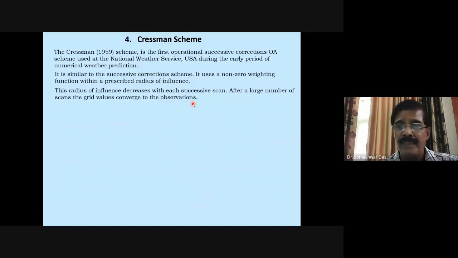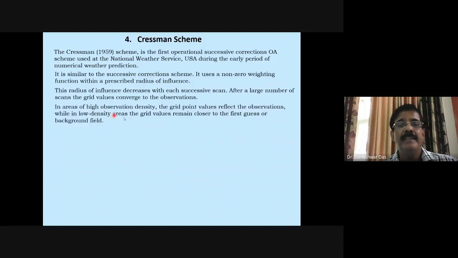But after you have made the first iteration at all the grid points, then in the next iteration, you can reduce your radius of scan, and instead of considering the observations up to 1000 kilometers, you can reduce down to say 700 kilometers or even 500 kilometers. Okay, depending on how much error is left, and that you know from your threshold value that you have predefined. So you can keep reducing your radius of scan at each iteration.